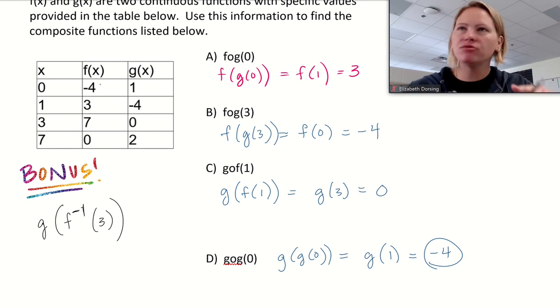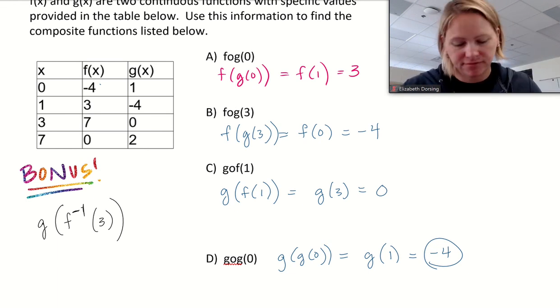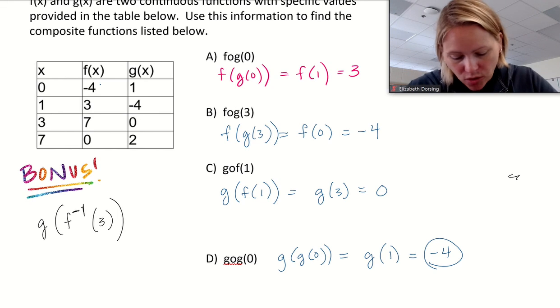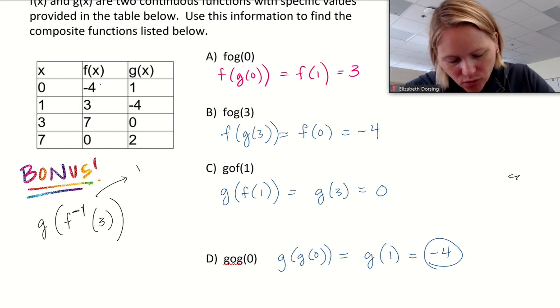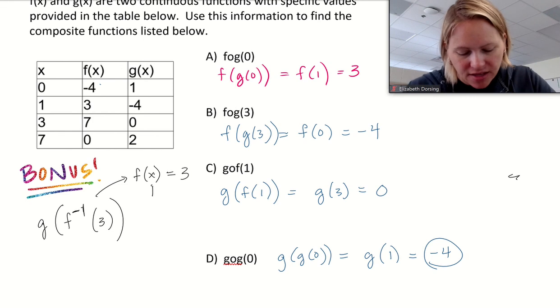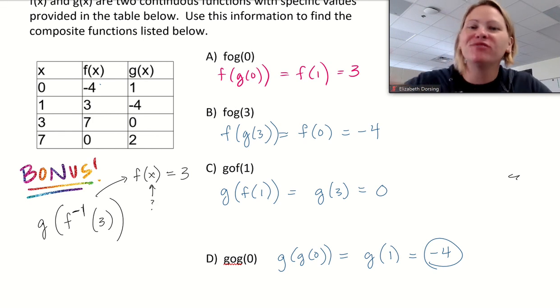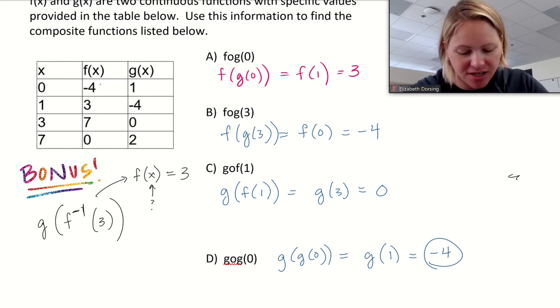Because remember, domain and range, the output and the input are exchanged. So what this is saying is that there was some f of x that was equal to 3. What was the x? The x is the output. It's the input of the original and the output of the inverse.